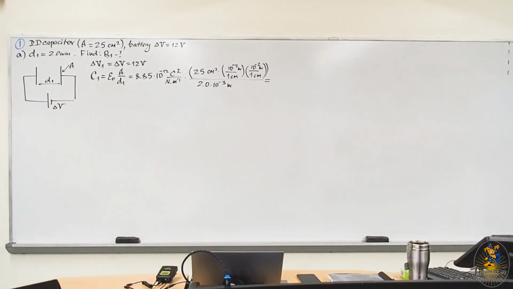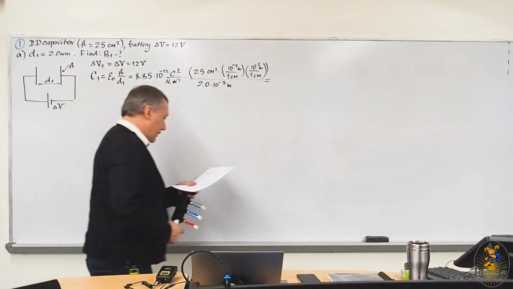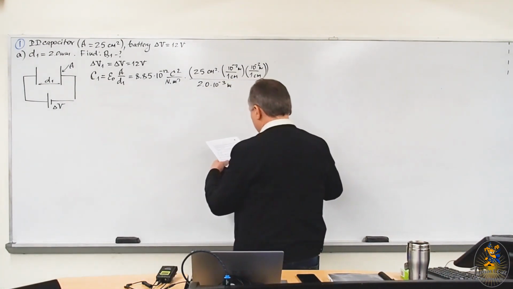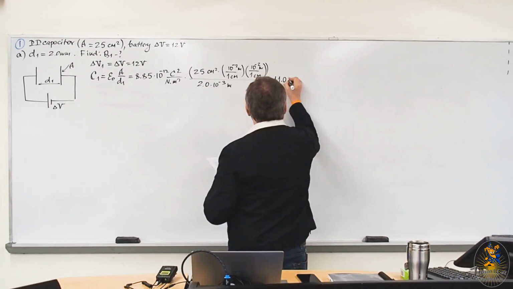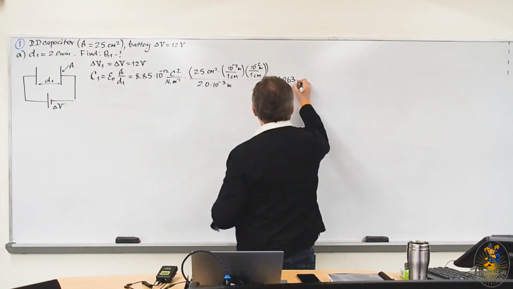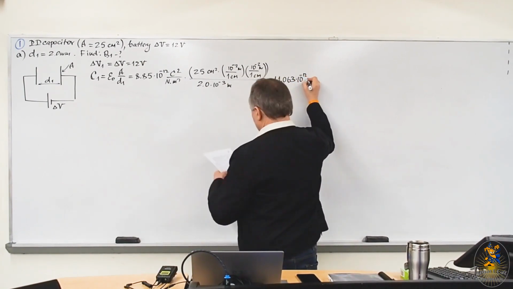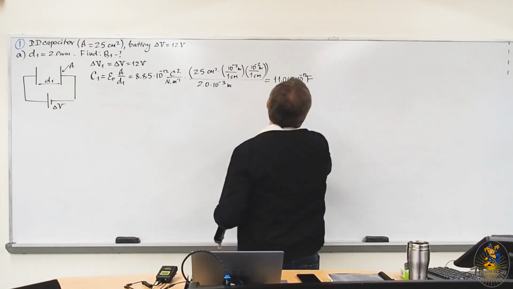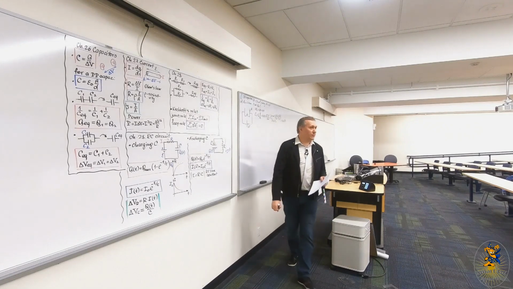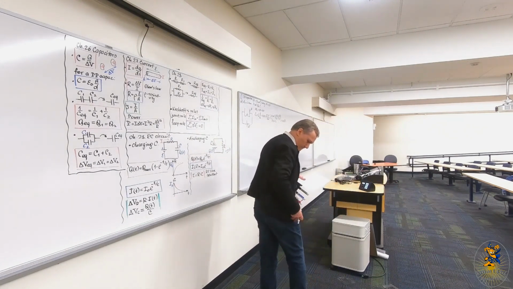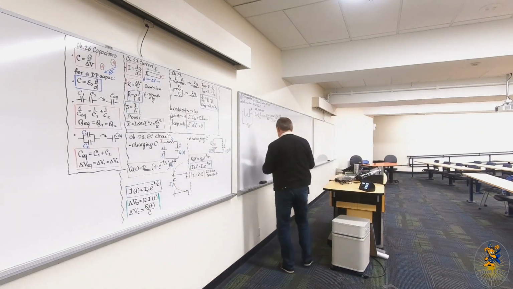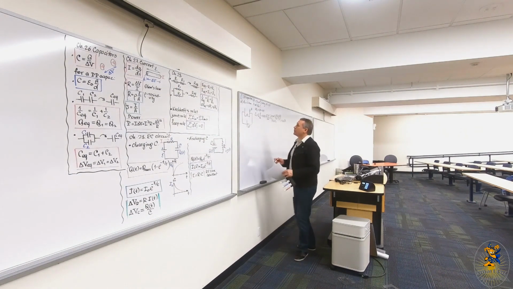Of course, I'm not going to actually use a calculator. I will write down the answer immediately. That will be 11.063. I keep more sig figs because it's not the final result. Times 10 to the power of minus 12, basically picofarads. So we found capacitance.